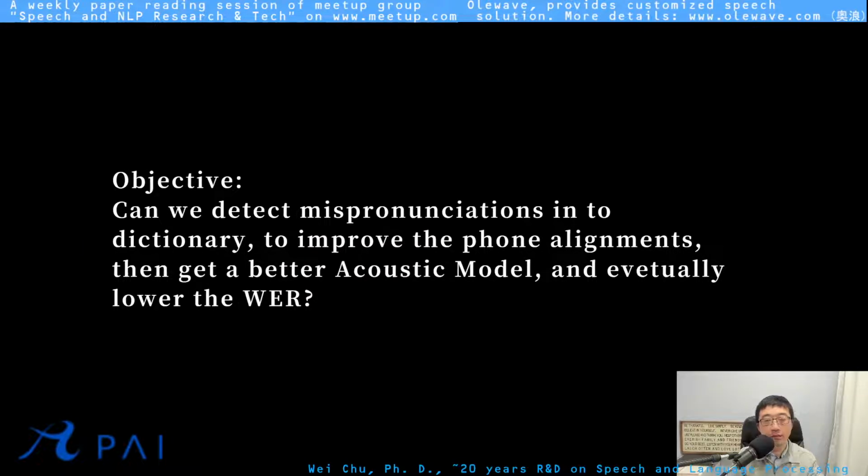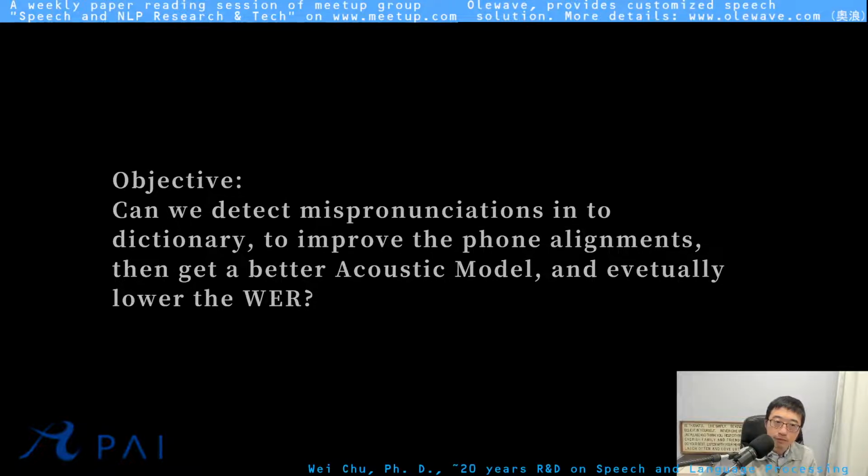The objective is, think about when you want to add mispronunciation into the dictionary so as to improve the phonetic alignments. Then with the better alignment, can you get a better acoustic modeling? So eventually, can you improve the word error rate of your ASR?